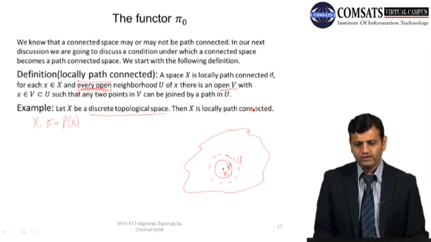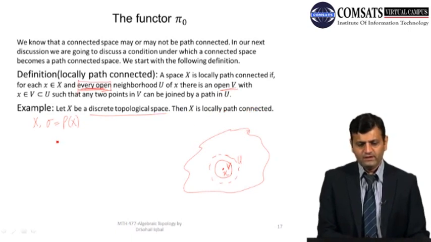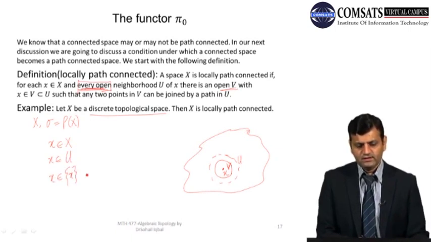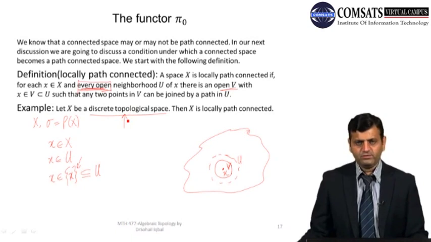Why? Because for every x in X contained in some open neighborhood U, there always exists an open set, that is the singleton, which is contained in U, and this set is path connected because there is only one point. So there always exists a path from x to itself. That's why this discrete topological space is locally path connected.